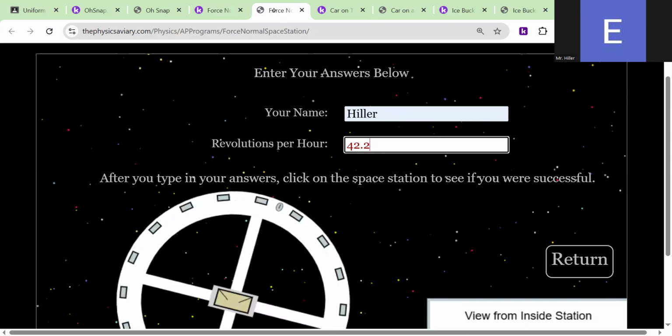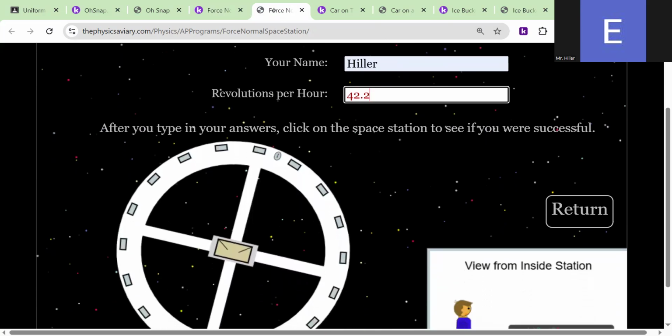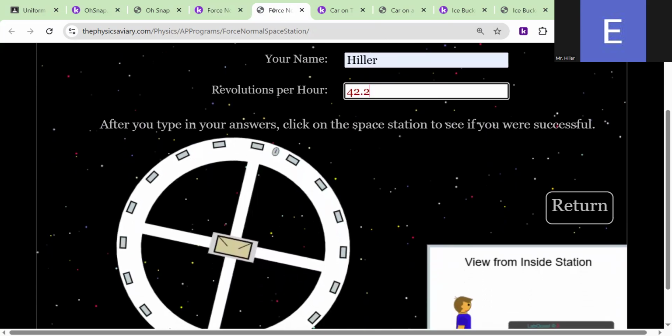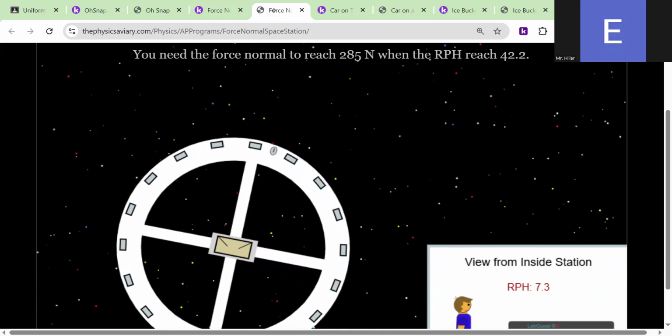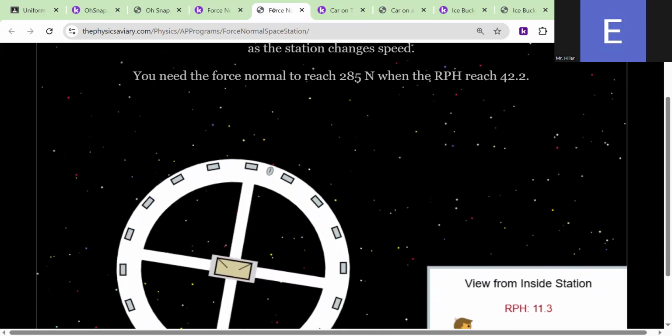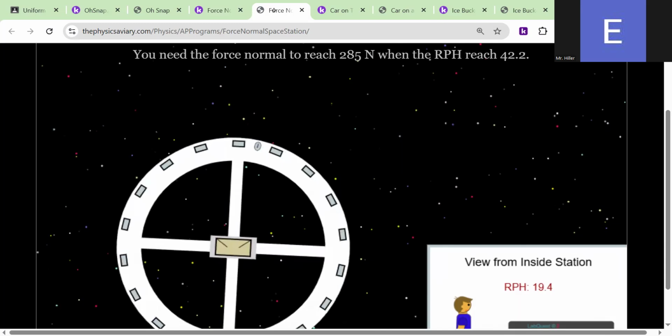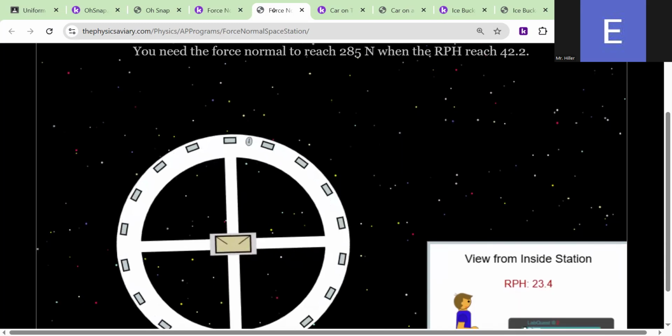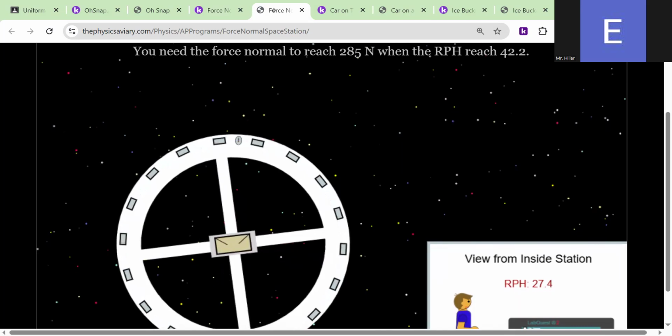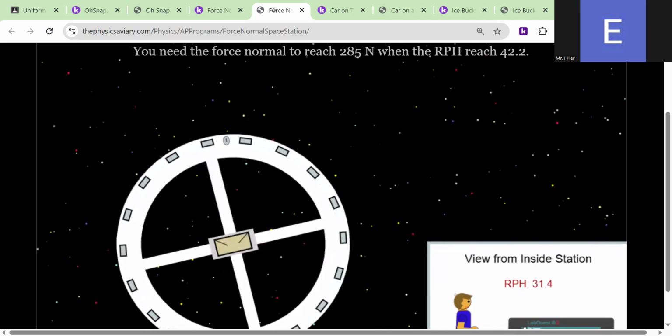Okay, and then after you type in your answer, click on the space station. So you'll click on the space station right here, and it says you will need to reach 285 newtons when you reach 4.42. So let's see how I did.